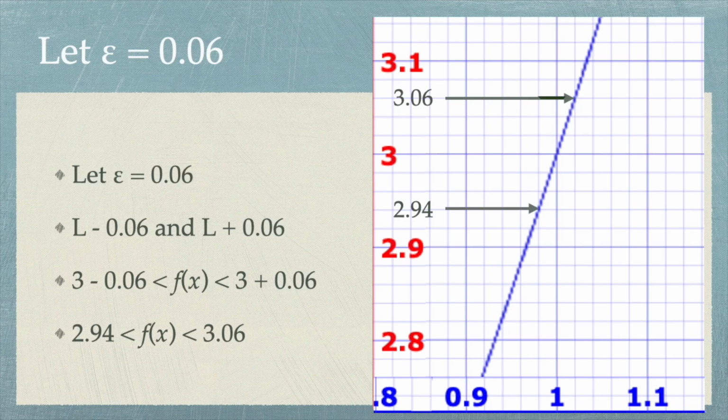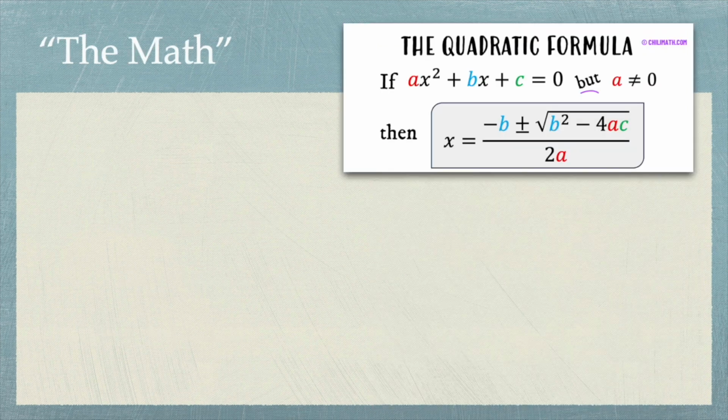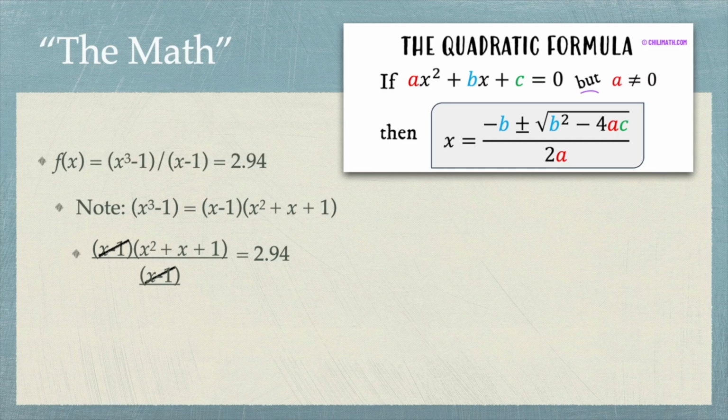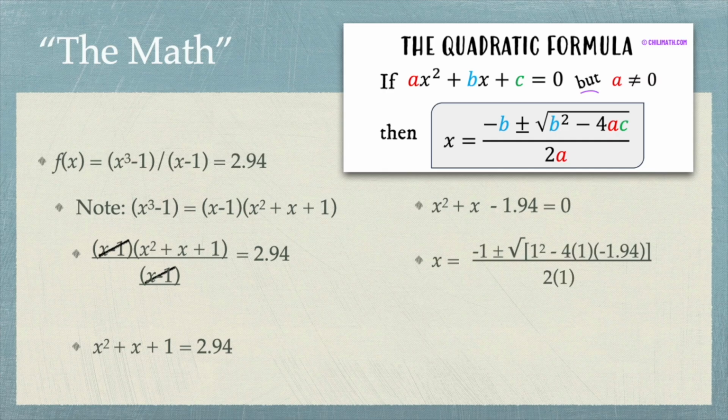Now, what are the x values that go along with that? Yay, algebra, here we go again. So we are going to factor, we're going to cancel, we're going to set it equal to 2.94. We will then subtract 2.94 to get it equal to 0 so that we can stick it into that quadratic formula.